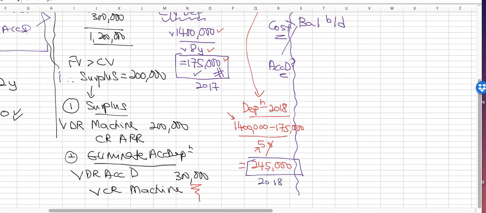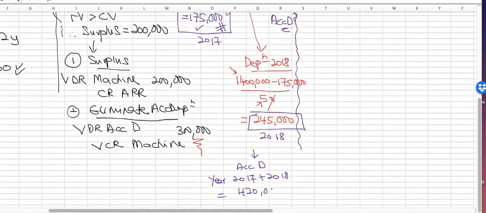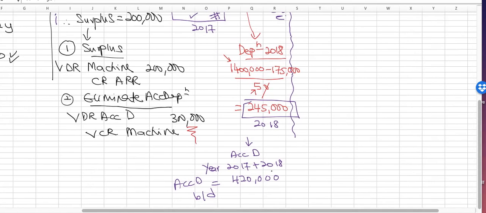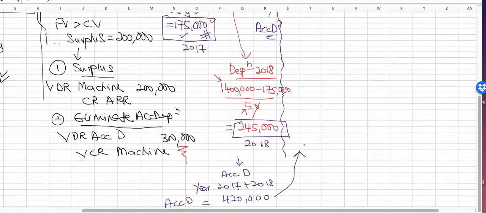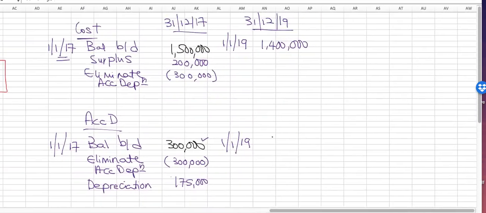Therefore, you add up this figure, 2017 plus 2018. So you get 420,000. So this is the accumulated depreciation brought down that you carry to 2019 below. Okay, so 420,000 here.